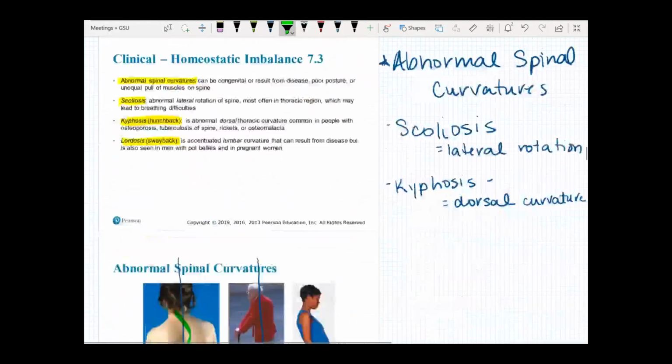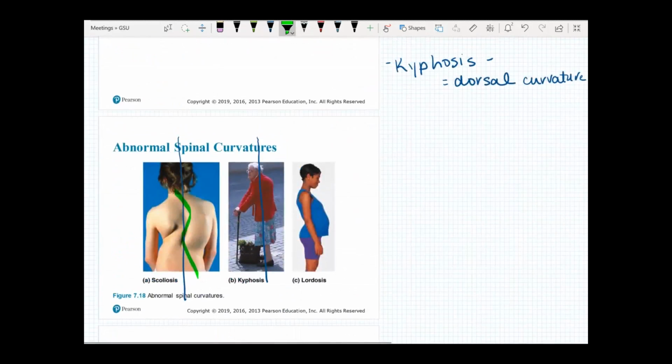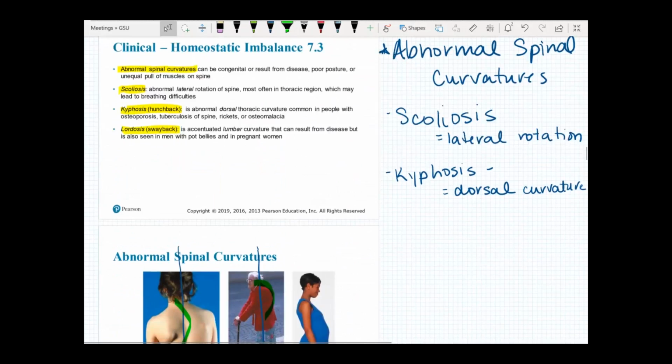What you'll actually get with this one is you will have this dorsal curvature abnormally rotated out rather than your cervical concaved in. And then the next type of abnormal spinal curvature you can have is going to be lordosis.